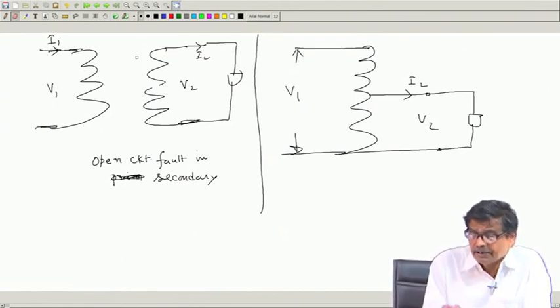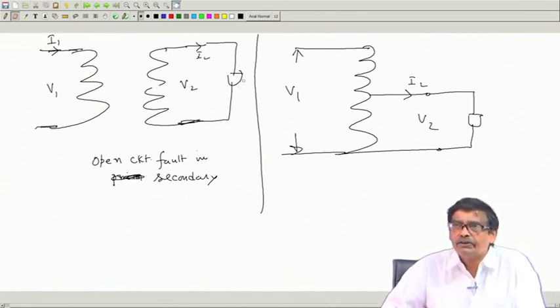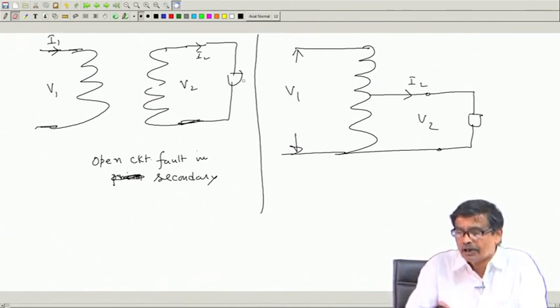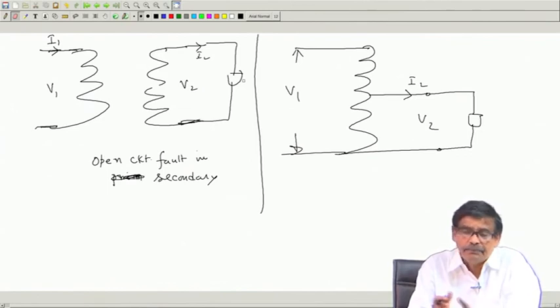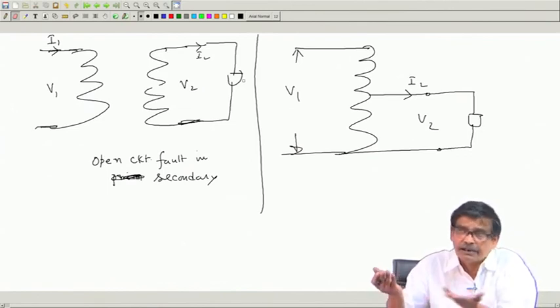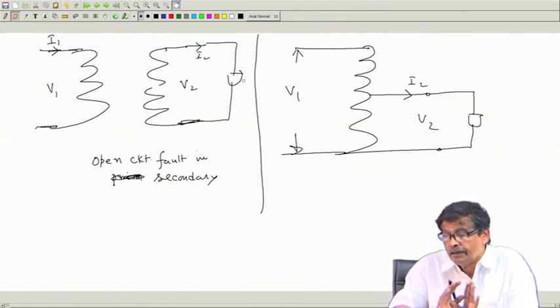Therefore, what will happen if an open circuit takes place here? Your load will suffer, it will not get any voltage, no current flows through the load. That is, everything on the secondary side will not get power. There the story ends. Let us come here.